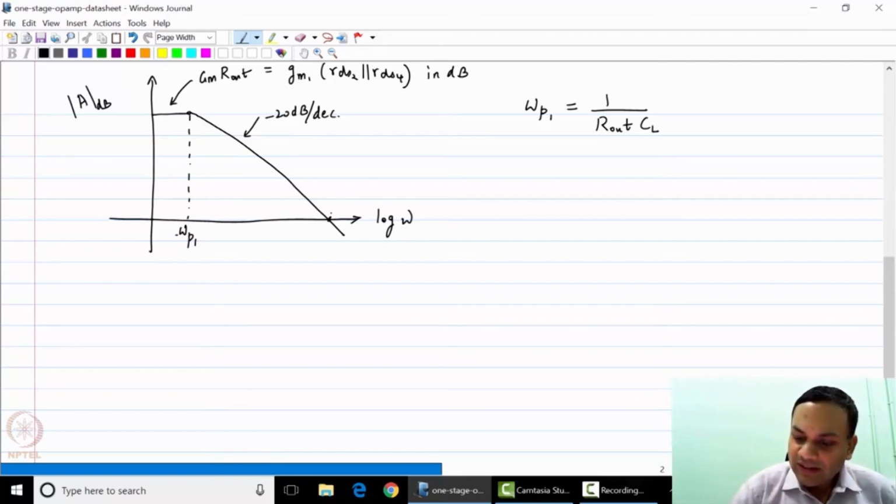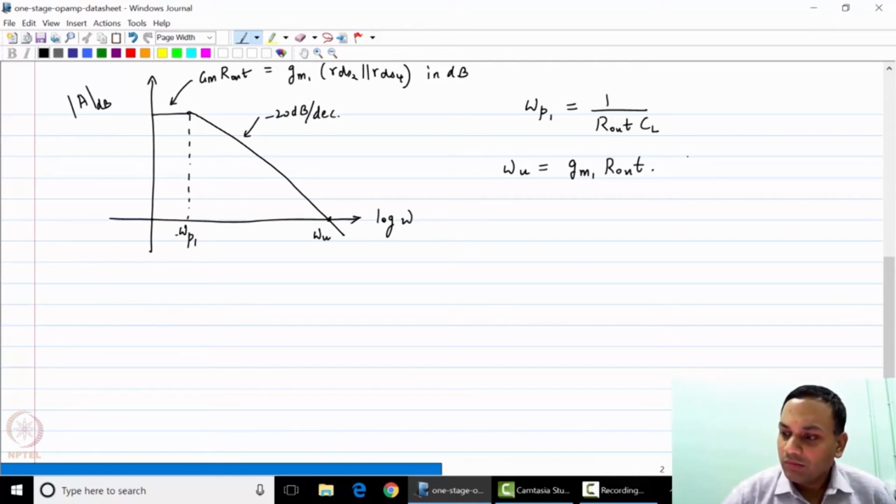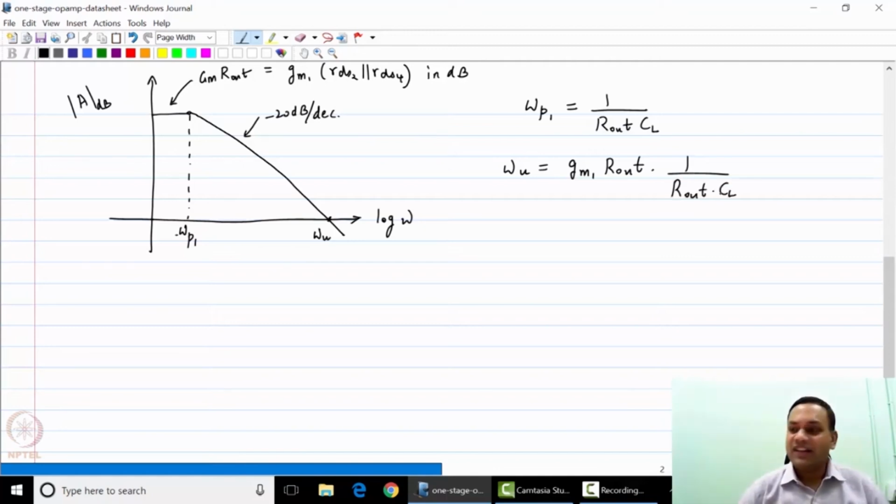Now, the unity gain frequency of the op-amp, that I'll denote by omega U, is clearly related to the DC gain and omega P1. So this is nothing but Gm1 times R out into 1 over R out CL.